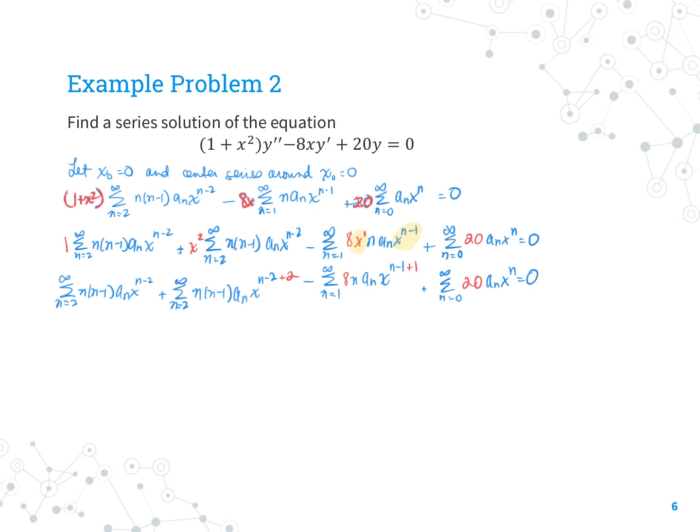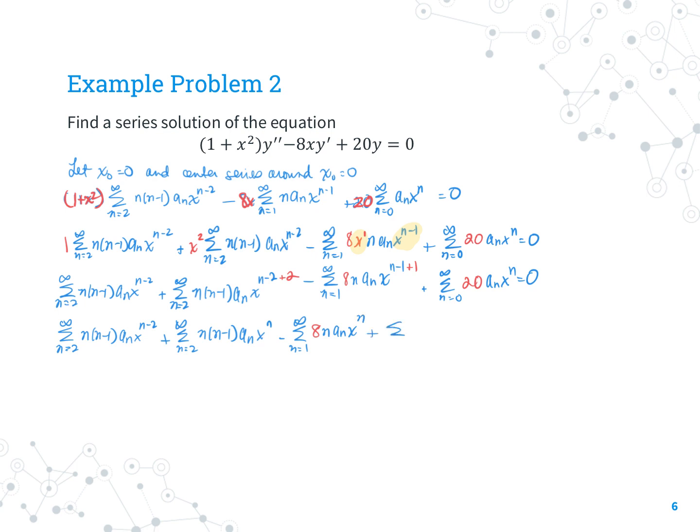And this is where things get very interesting because we're looking at a first term, I'm going to put it in blue, that is the sum from n equals 2 to infinity of n times n minus 1 a sub n x to the n minus 2, plus now the sum from n equals 2 to infinity of n times n minus 1 a sub n x to the n, minus the sum from n equals 1 to infinity of 8 n a sub n x to the, now n plus 1 and minus 1 is just n again.